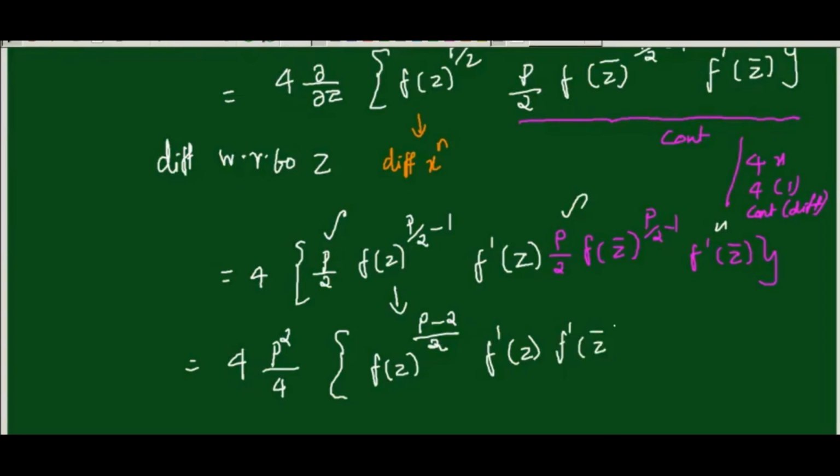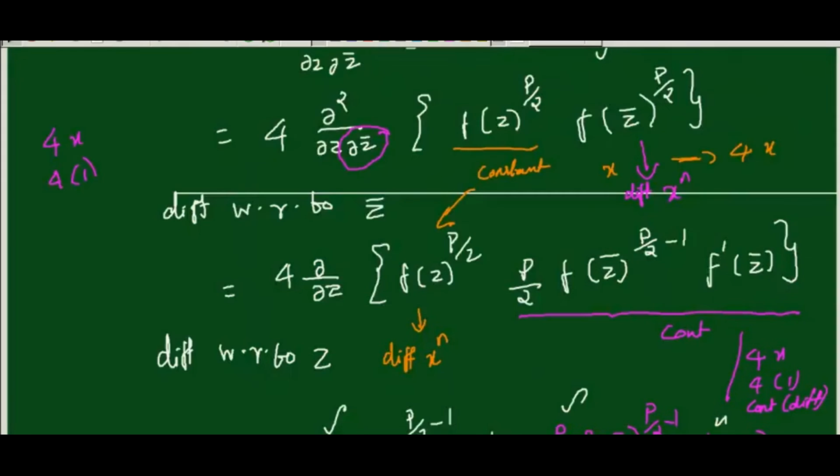The remaining part, simplify: f of z bar whole power, p minus 2 by 2. So next, using the note.